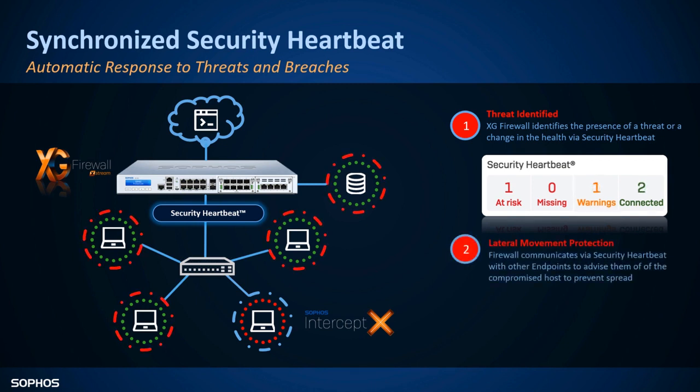Then the firewall automatically initiates lateral movement protection, which informs all the healthy endpoints on the network that there is a compromised host, and to ignore all traffic from that compromised host. This prevents any active threat from moving laterally to other systems on the network.